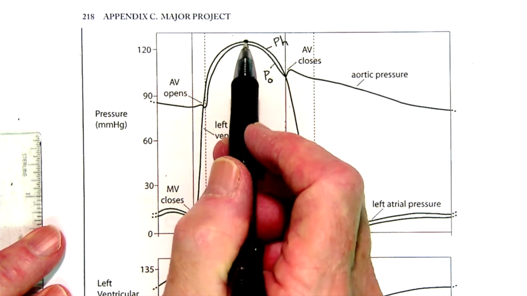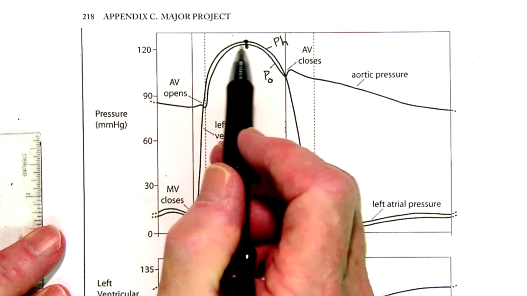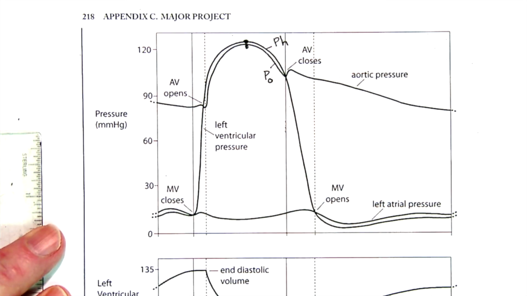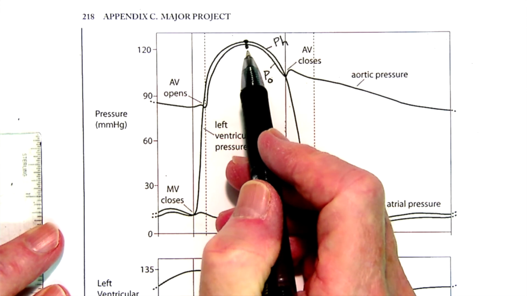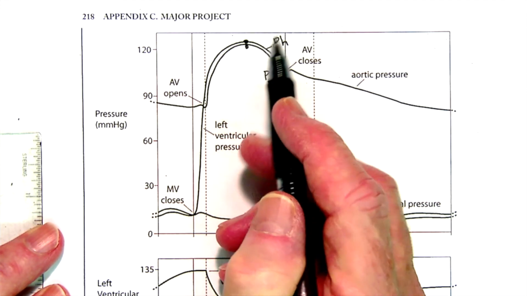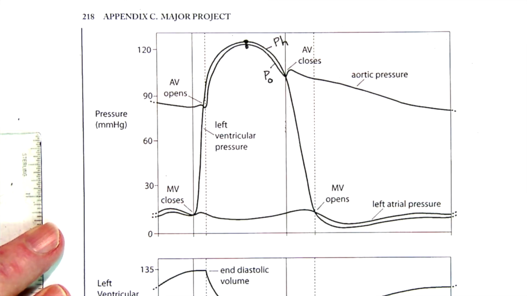You can actually go over to the scale on the left and sort of estimate the pressure difference between those two. It's not very much, and actually in a healthy person you don't want it to be very much. And the reason for that is any pressure drop across the aortic valve is lost to propel the blood around the rest of the system. So you don't want a big pressure drop across the aortic valve.